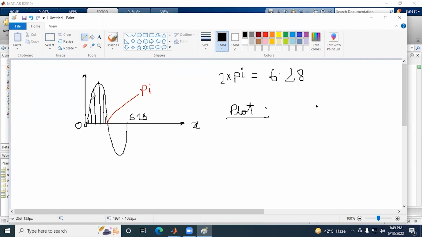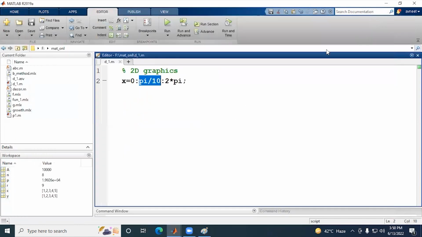1, 2, 3, 4, 5, 6, 7, 8, 9, and 10 is the last point. Then 11, 12, 13, 14, 15, 16, 17, 18, 19, 20 is the last point here. But 0 is my initial point. So I am taking 10 points per pi, and including 0, it will give me 21 points.